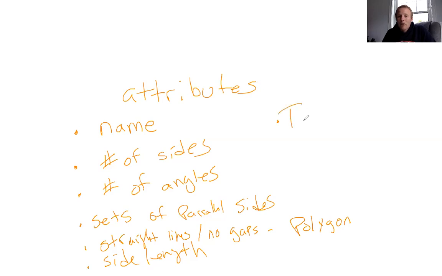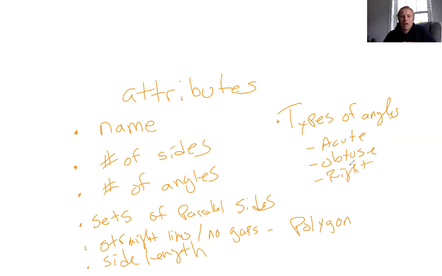Ooh, the types of angles. That would be acute, obtuse, or right. So this is like a menu of options that you can use when you are talking about the attributes of shapes.